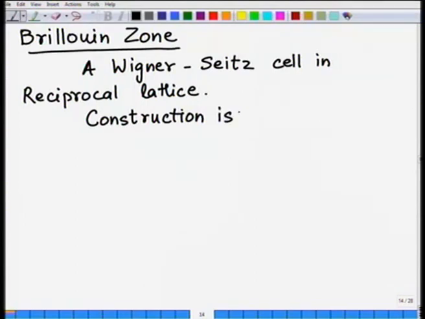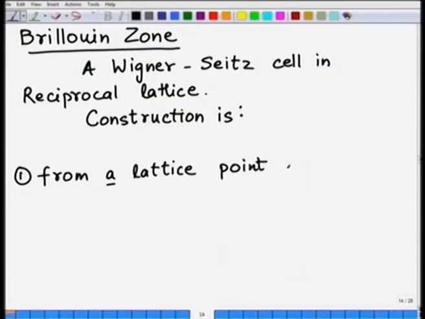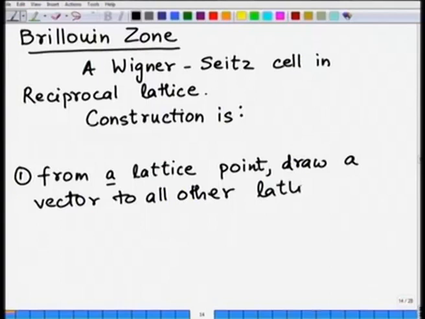So, essentially, the construction is: from a lattice point, draw a vector to all other lattice points.